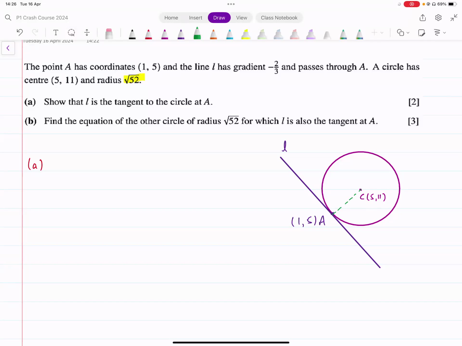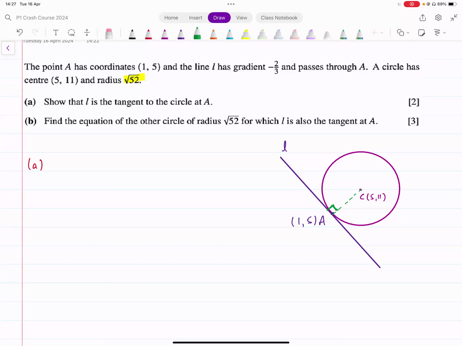Since a tangent is supposed to be perpendicular to the radius, if line L is supposed to be the tangent, this angle has to be 90 degrees. So we need to prove that the radius of the circle and this line L are perpendicular to each other.